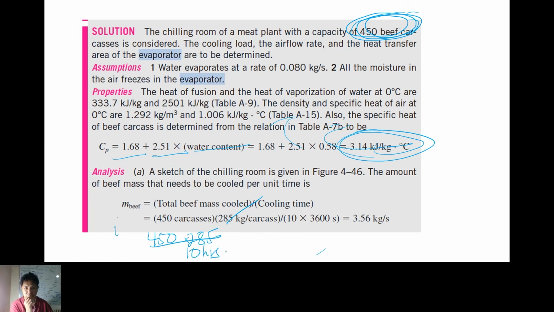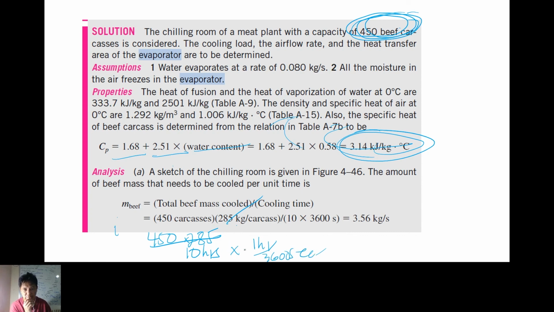However, our unit is not hours but seconds. So for 10 hours, 1 hour is 3,600 seconds.